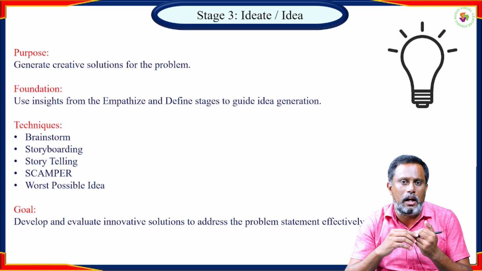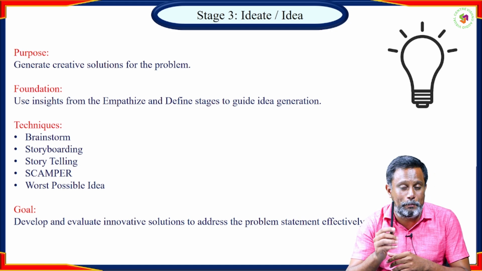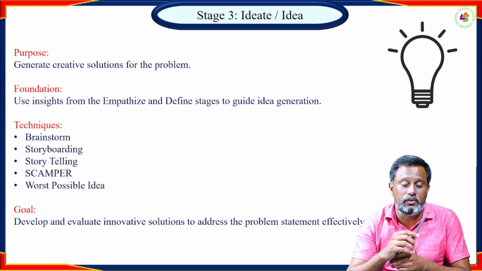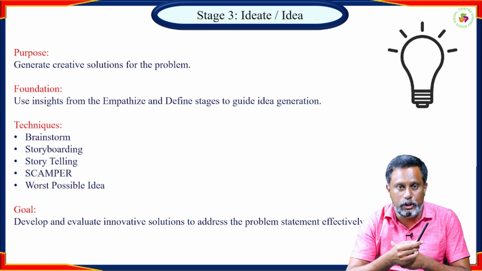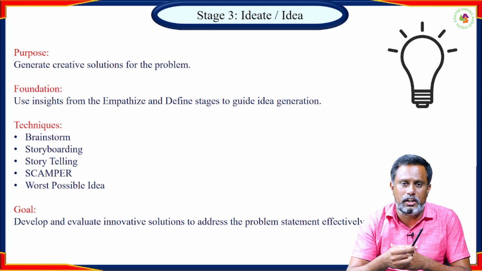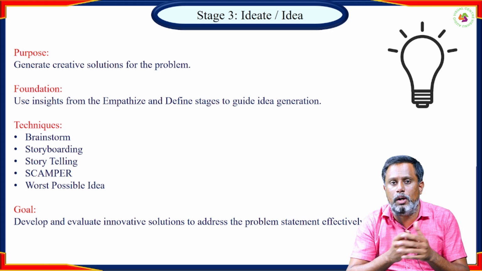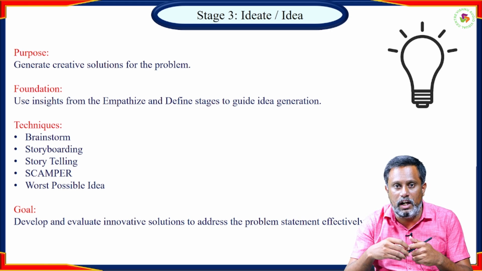For this stage, two things are essential: the empathy output and the problem statement. Based on the pains and gains we received from the users about the product or service, we need to think innovatively and find a solution to solve that problem.